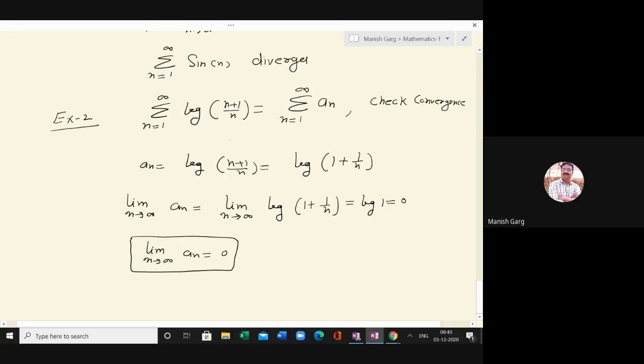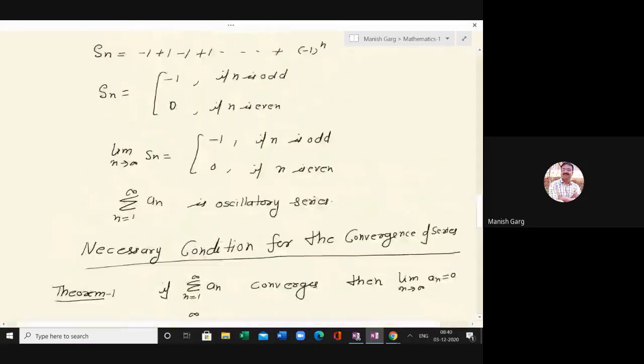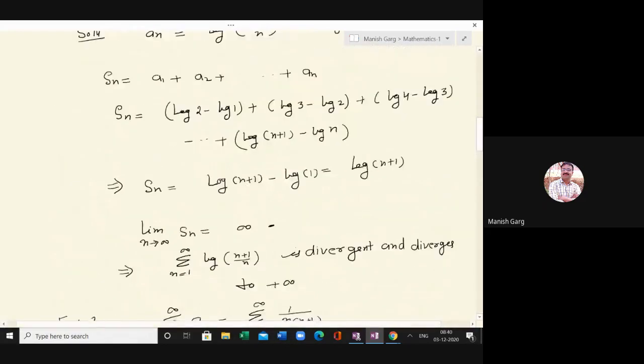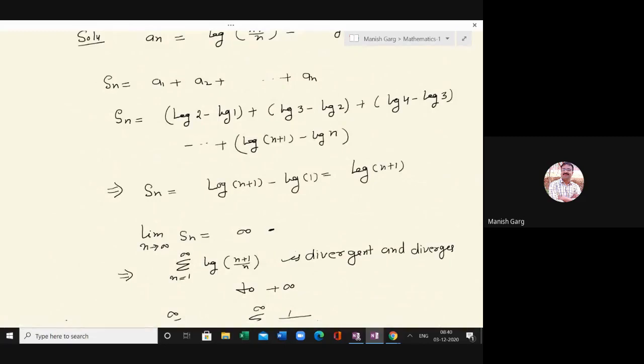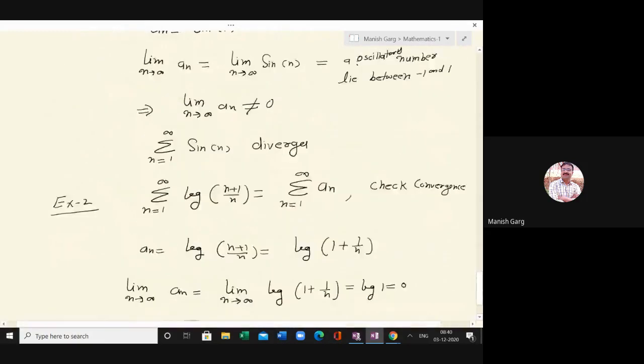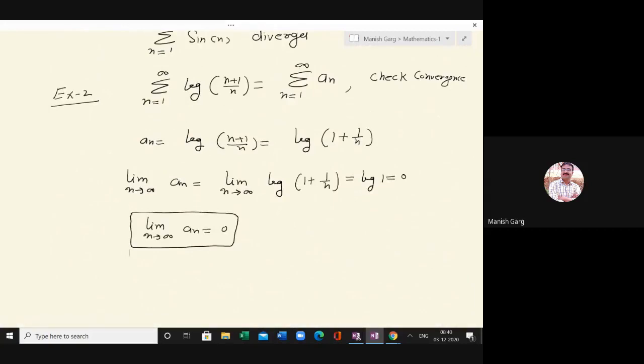But I have proved that this series diverges, in the first example, the series log((n plus 1) over n) diverges. So what I want to say is, it is possible that the limit as n tends to infinity is 0, but the series may or may not converge.